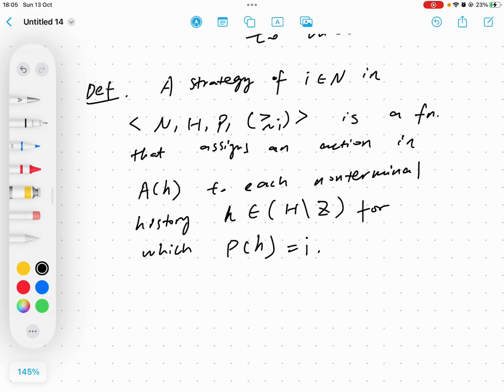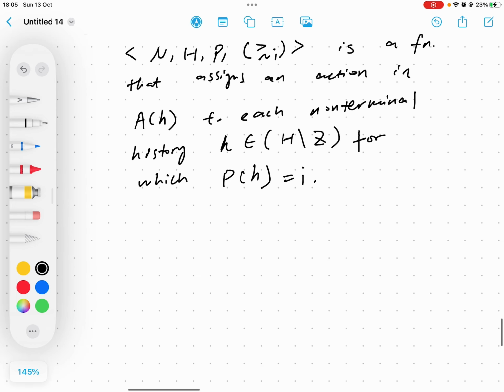So that's essentially what we call a strategy, right? So this notion of the strategy in this extensive game with perfect information depends only on the game form, right? So it doesn't depend on the utilities or the preference, right?